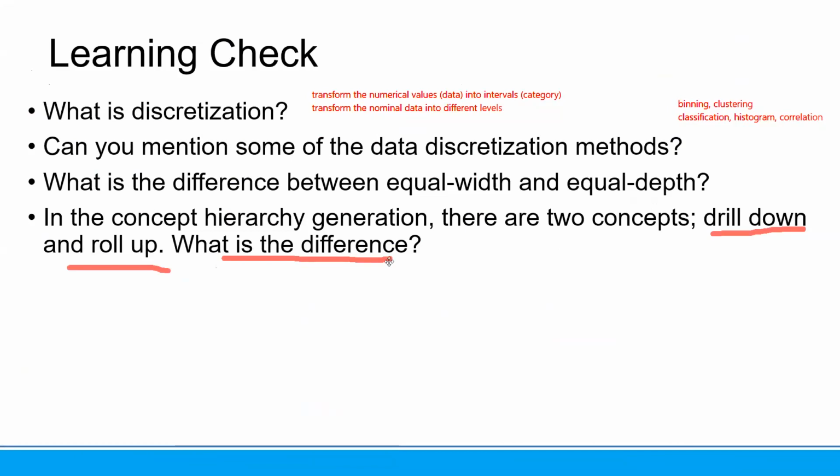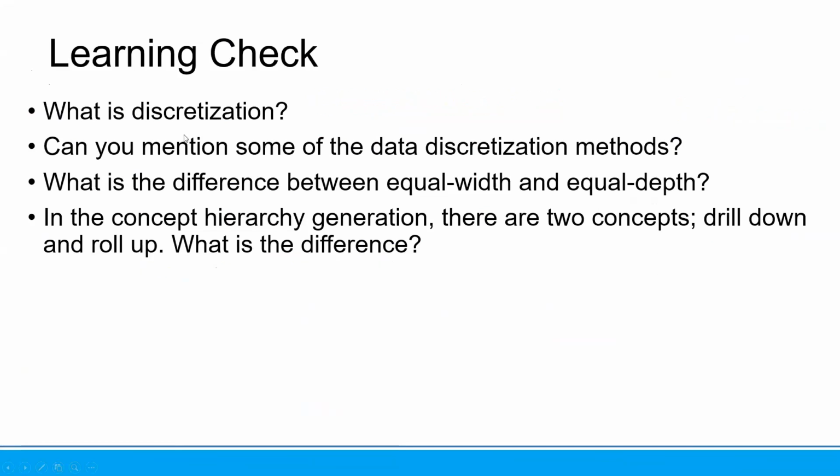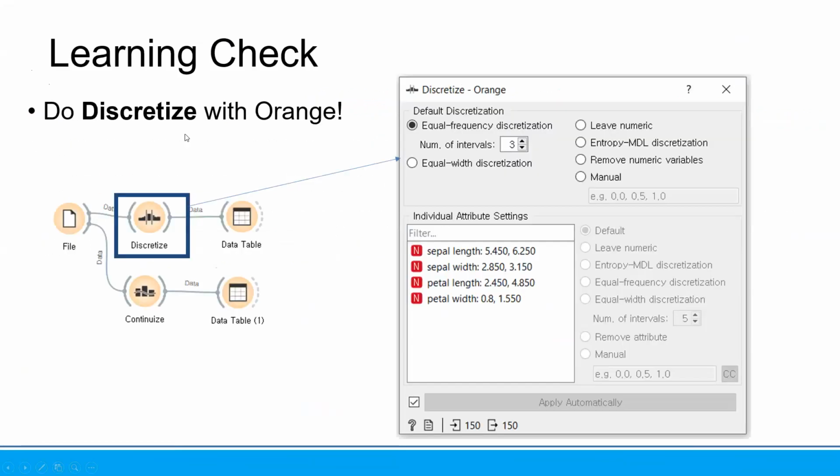Okay, the drill down is to make it more detailed, and roll up is to merge, or we want to make the summary, or we want to find the upper level based on the hierarchies. Okay. So let's see the examples in orange.